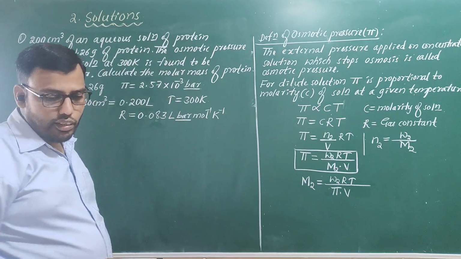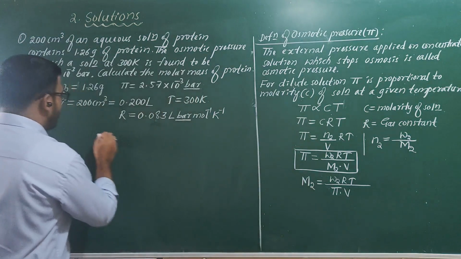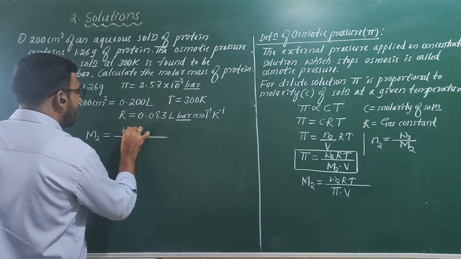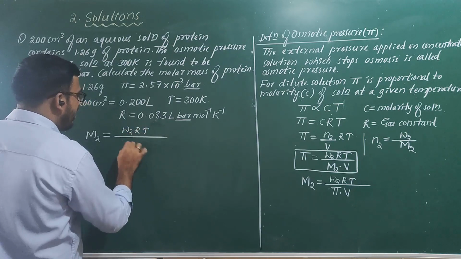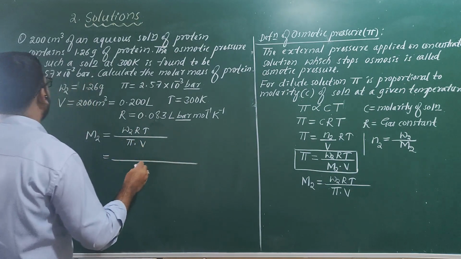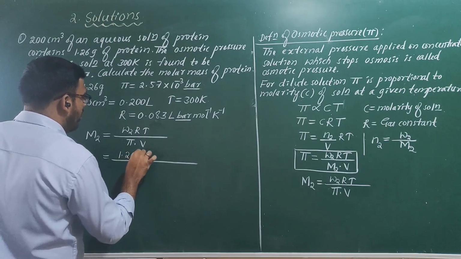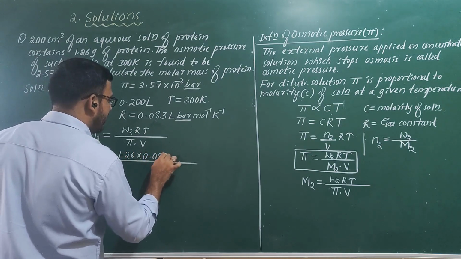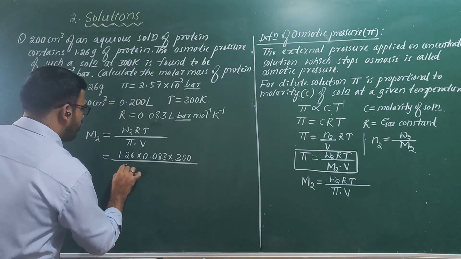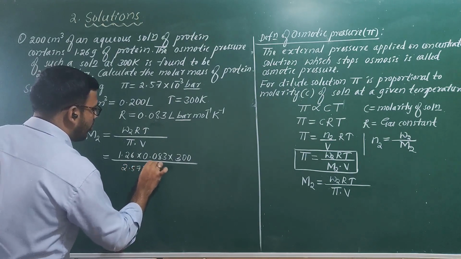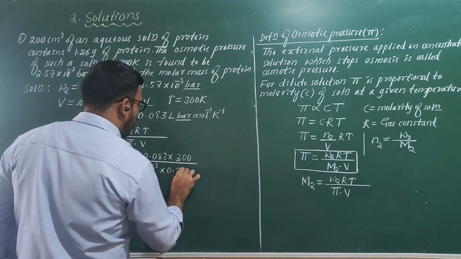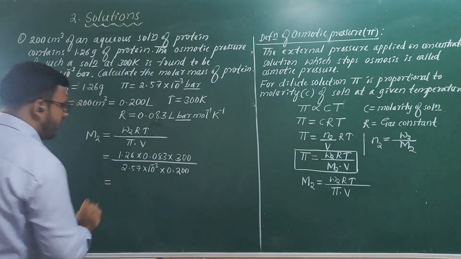Now what is the formula to calculate the M2 value? M2 is equal to W2RT divided by pi into V. So the W2 value is 1.26 into the R value 0.083 into T, 300 Kelvin, divided by the pi value 2.57 into 10 raised to minus 3 into the volume of solution 0.200.